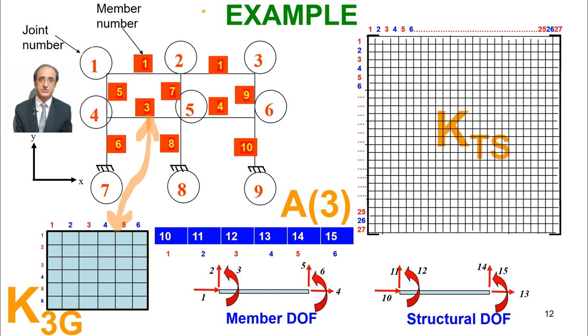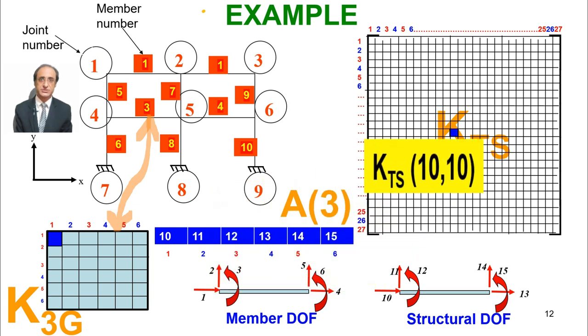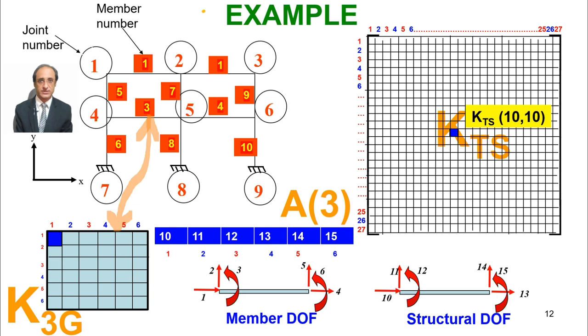So now we have solved 90% of our problem. So if I ask you a question, where will this element go? K, the first element, where will it go? Yeah, it will go to 10, 10. Right? So where is 10, 10? It will go here. Where will this element go? For example, K4,3.